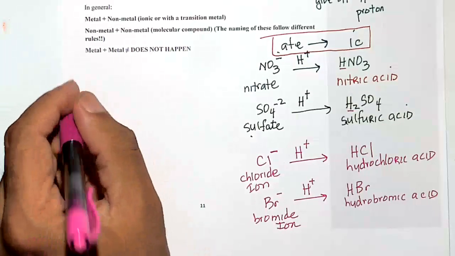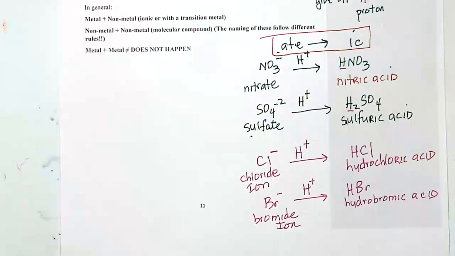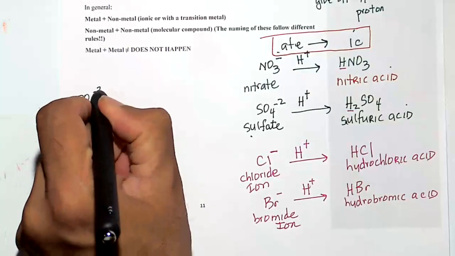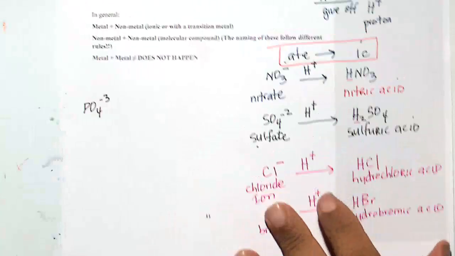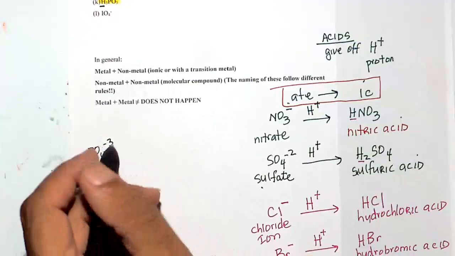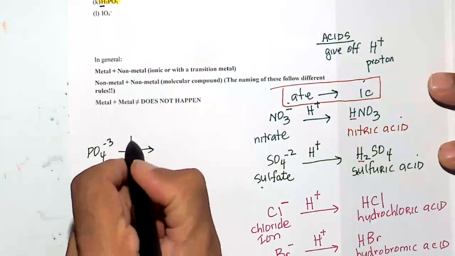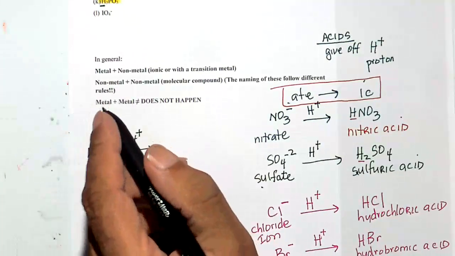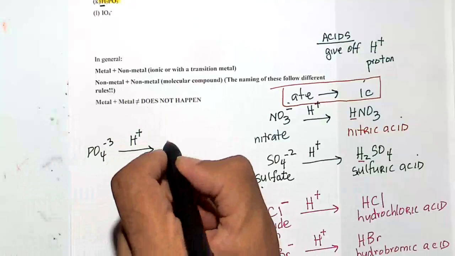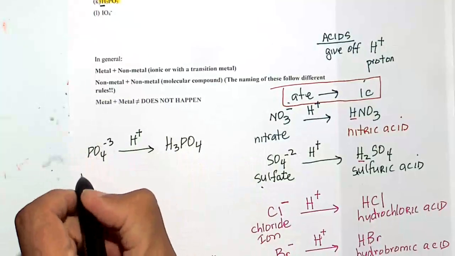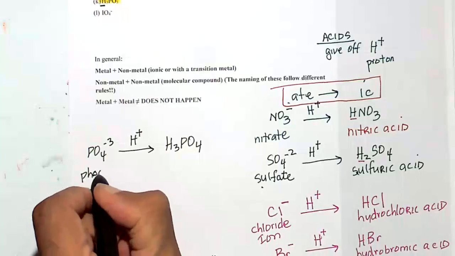These are acids. All right, let's do one more here. How about phosphate? You guys know this is phosphate. You answered it correctly right here. But I'm going to acidify it. I'm going to add H plus to it, and this becomes H3PO4. So phosphate.